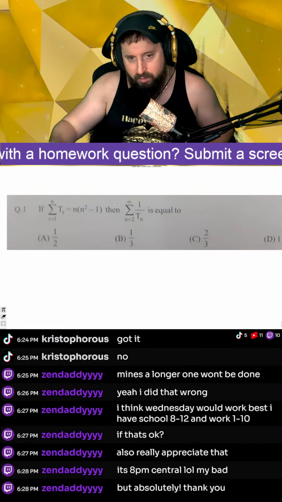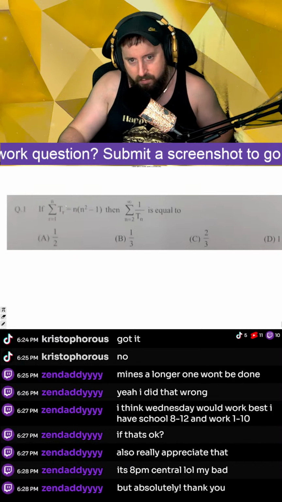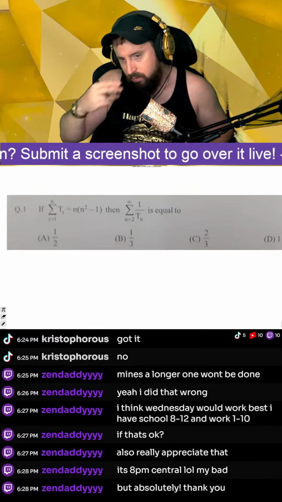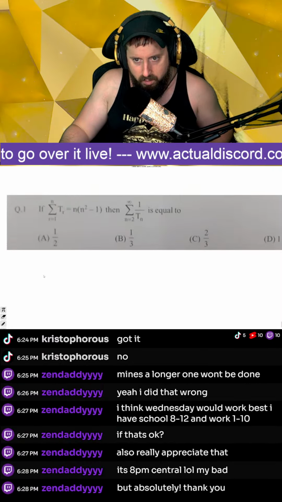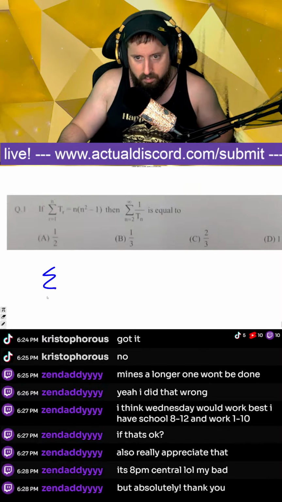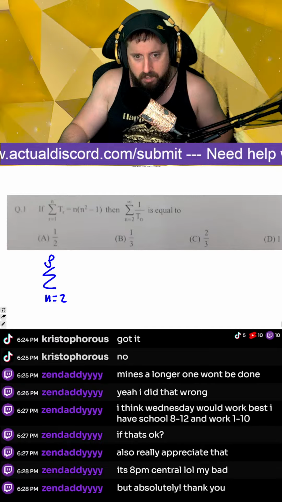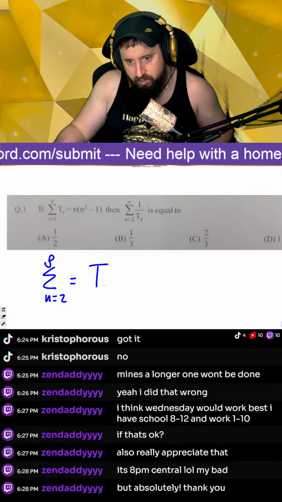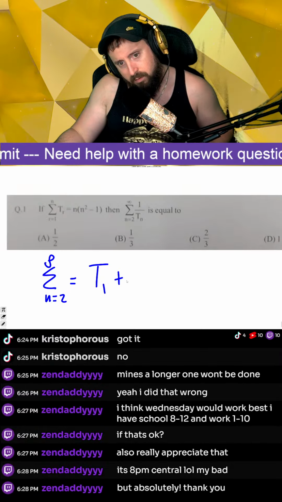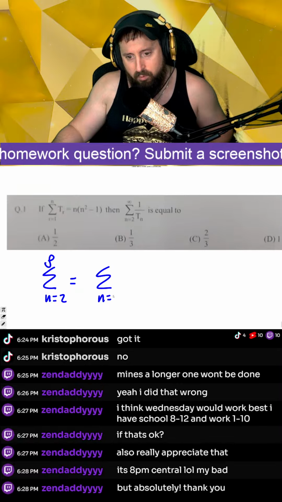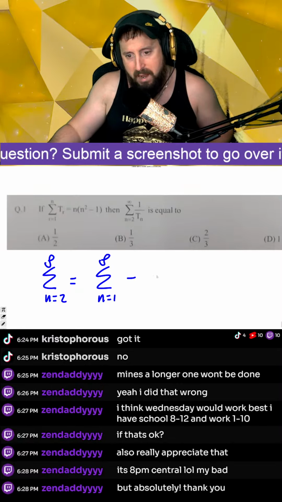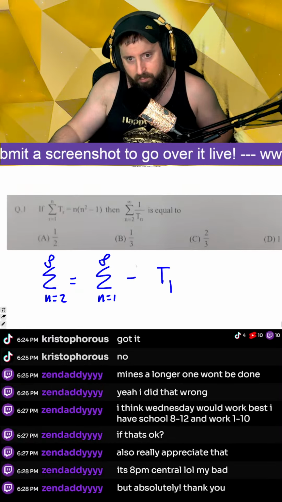The summation R to N of T sub R is equal to this. So the summation N equals 2 to infinity is equal to the summation N equals 1 to infinity minus the first term, T of 1, right?